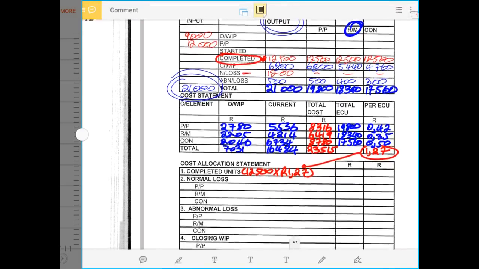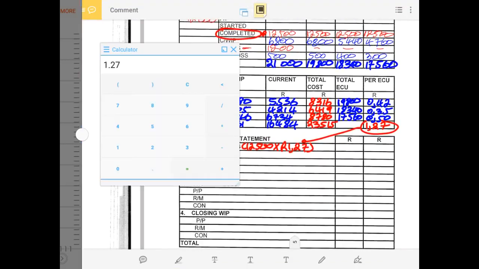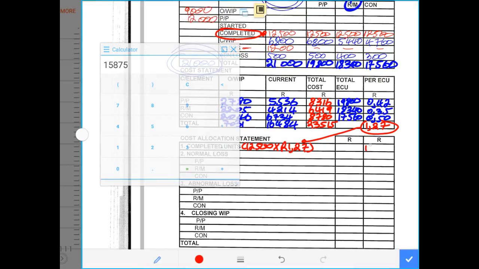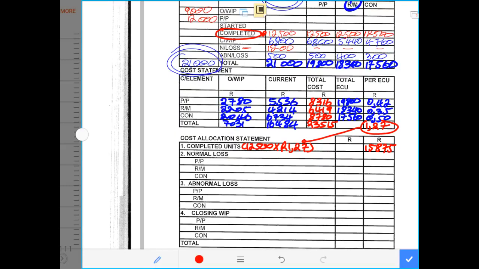So we take them as they are. Then we just say times by 12,500, this gives us 15,875 rands. And we continue on that same pace.